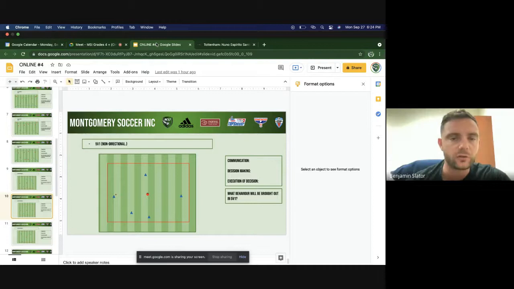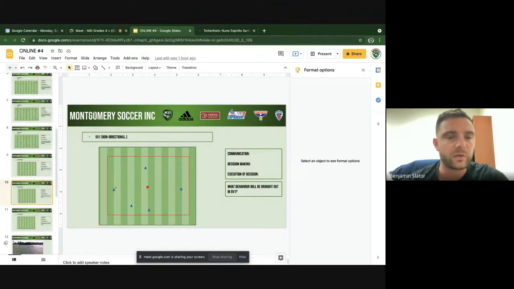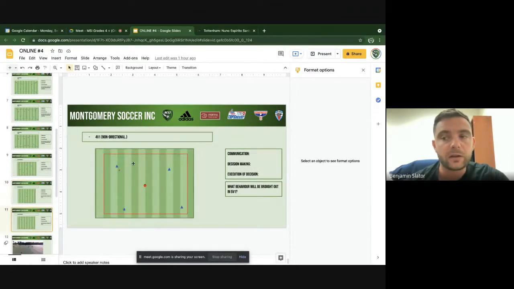Okay, so you're on the right track. So we'll use a reference again with this, right? Let's say we told the players we'll go to 4v1, and we've told them they can only take one touch and then they have to pass the ball. So they get 2 touches. What may be the problem of doing that?